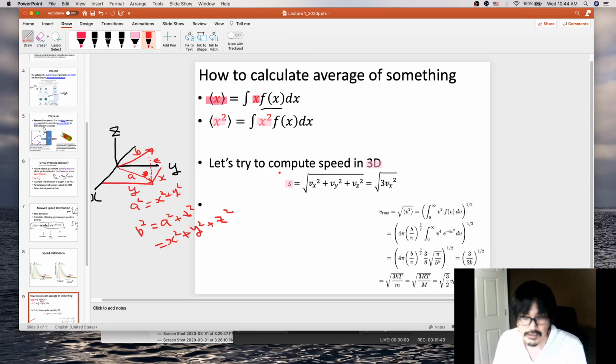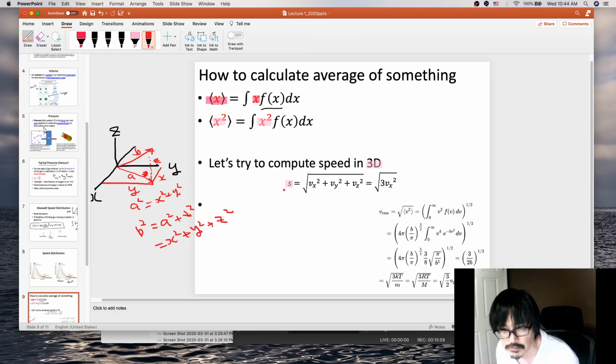Now, there is nothing special about the x, y, or z directions, right? So I can actually write these things as 3bx squared, because x, y, or z is pretty much the same. Then let me just try to calculate the speed distributions.